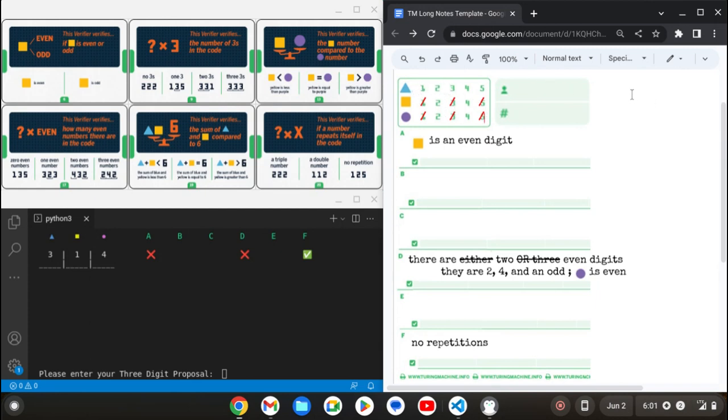I should then cross out 2 and 4 for triangle, since I'm saying that it should be odd.